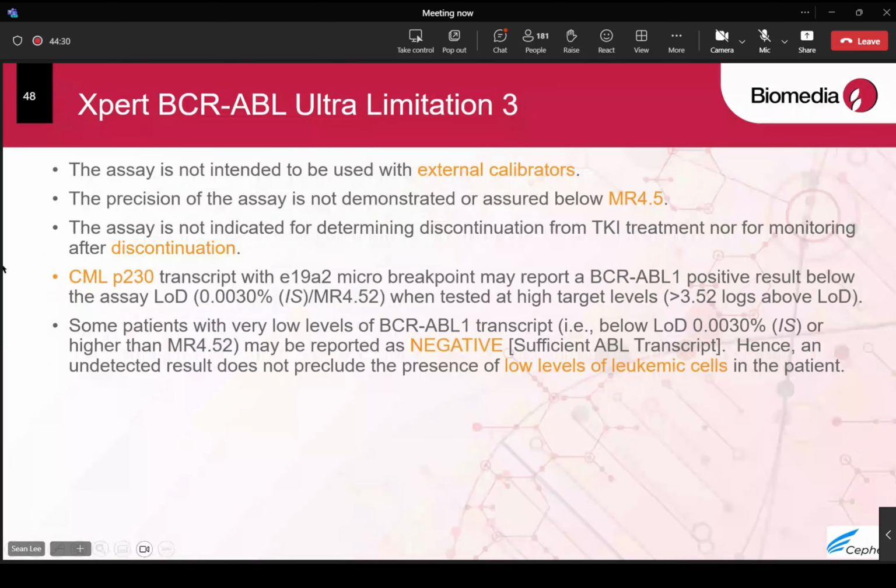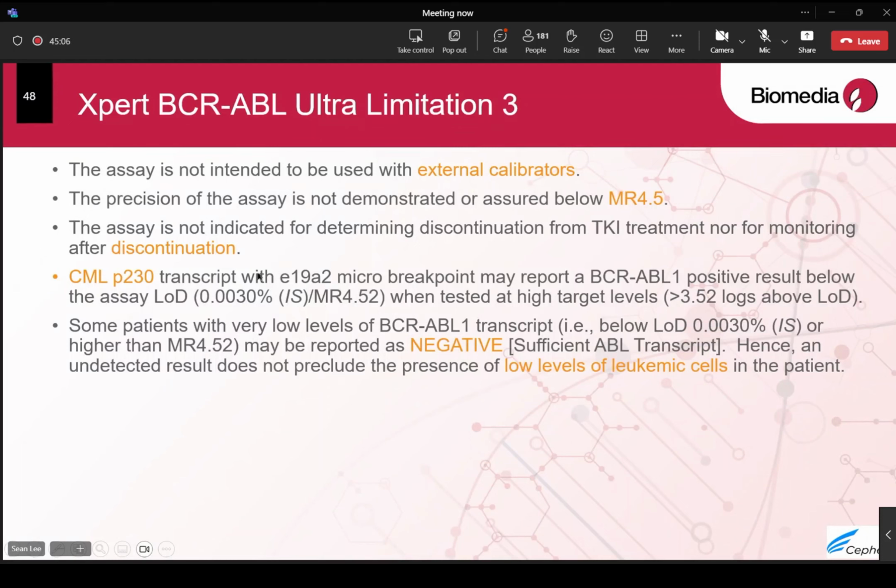The other one, CML P230 transcript: we may report a BCR-ABL1 positive result below the assay LOD when tested at high target levels. It means if the P230 is high but you test it using BCR-ABL1 Ultra, you may still get a positive result, but the result could be 0.003% IS or MR 4.52.